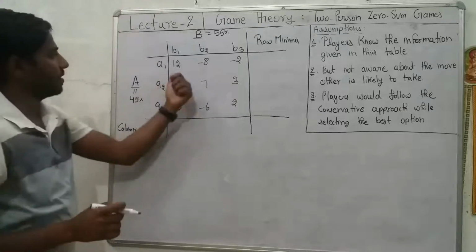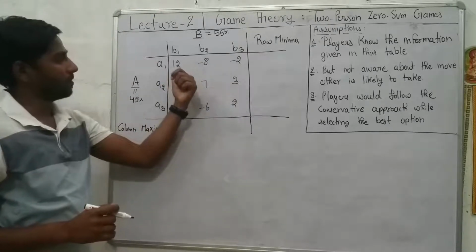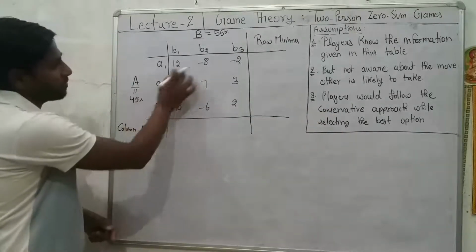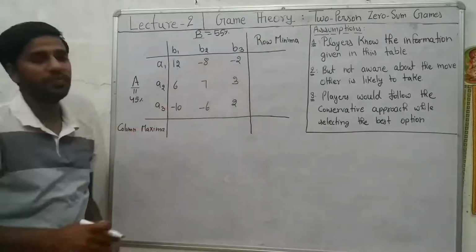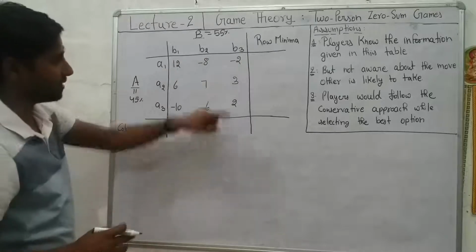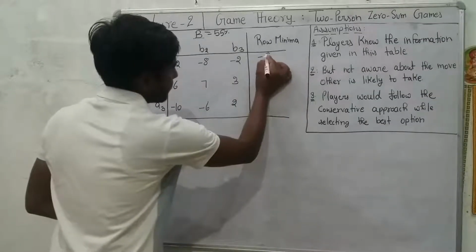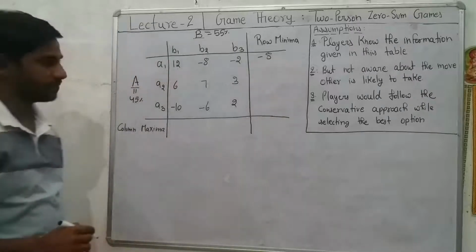According to the conservative approach, company A is going to select the minimum value in this particular row. And what is the minimum value in this row? It is minus 8.